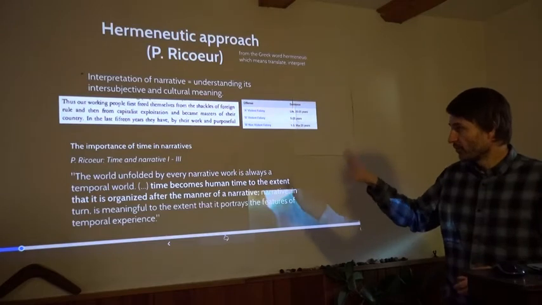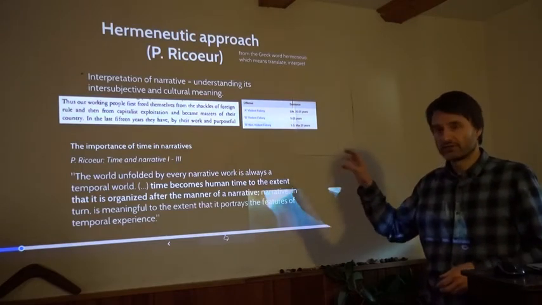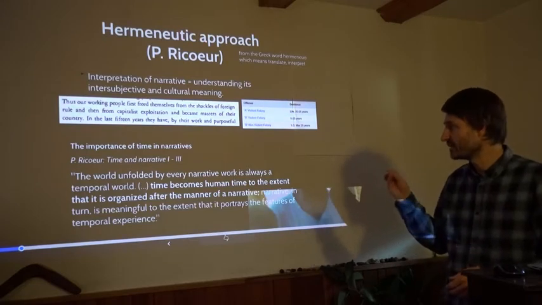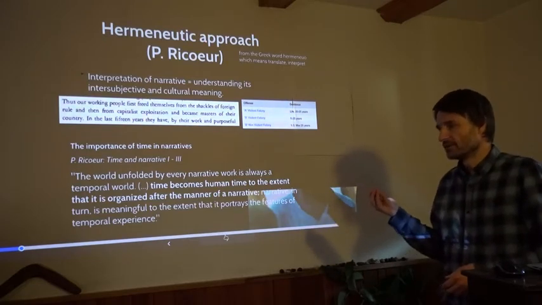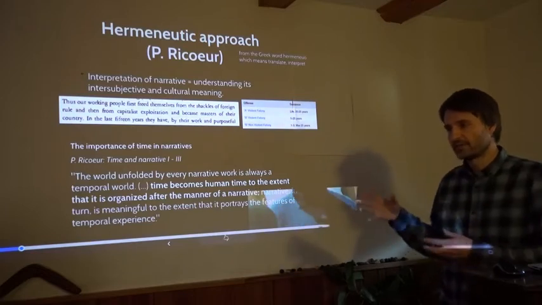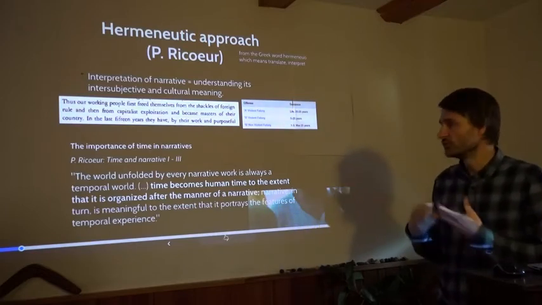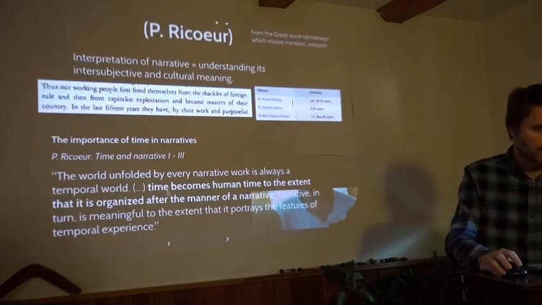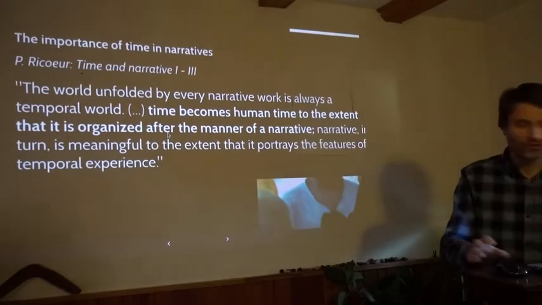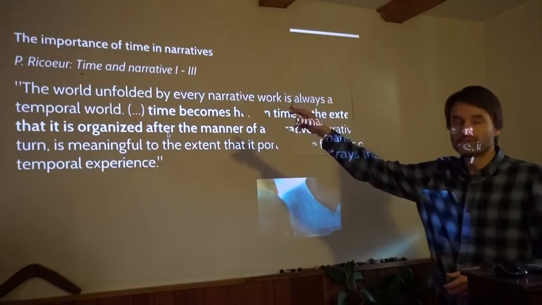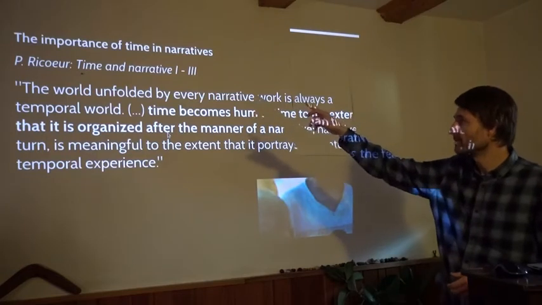So for Paul Ricoeur, what was most important in narratives was that they are able to transform objective time into human time. And this is a quotation from his opus magnum, which is called Time and Narrative.